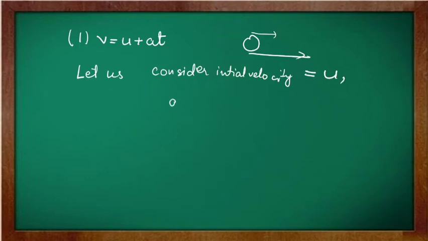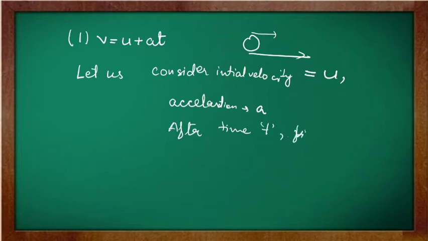Means the acceleration here in this case for this body is a, and after a certain time t, it has the velocity v. Means the final velocity became v.